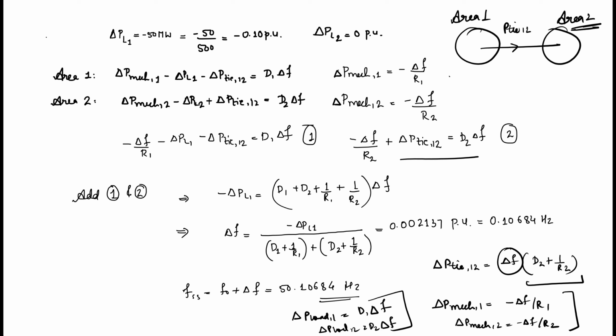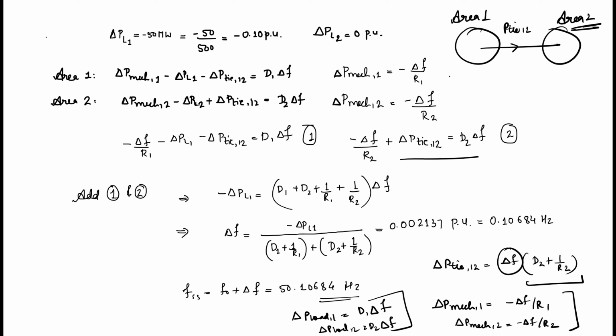P tie 1,2 is coming out of area 1 and going into area 2, so for area 1 it is subtracted and for area 2 it is added.